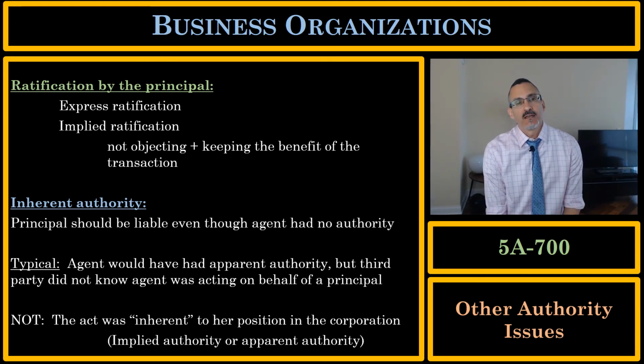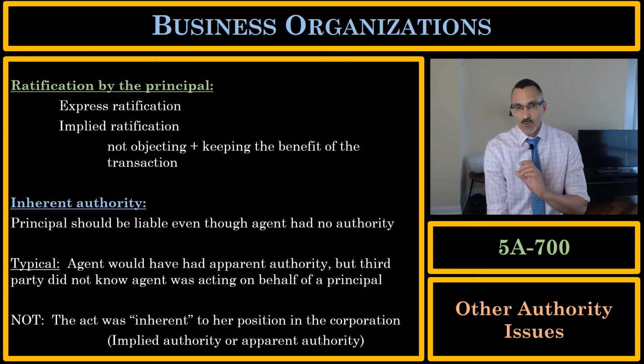Similarly, you could be setting up an apparent authority argument. Because of the agent's position with the corporation, the third party was reasonable in believing that she had the authority to enter into this transaction. Why? Because entering into this transaction is the type of thing that is inherent to her position with the corporation.